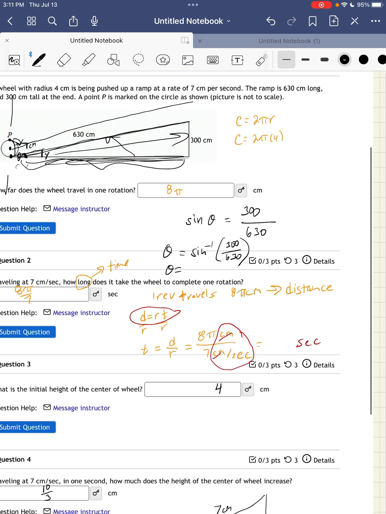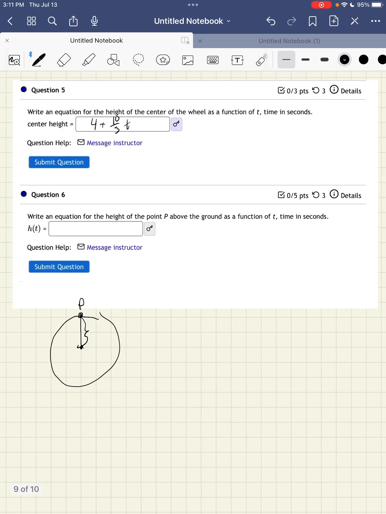So it looks like it's going to start at its max, which is probably 8, right off the bat, and then it's going to go down, hit its minimum, then travel back up to the top, at time 0.